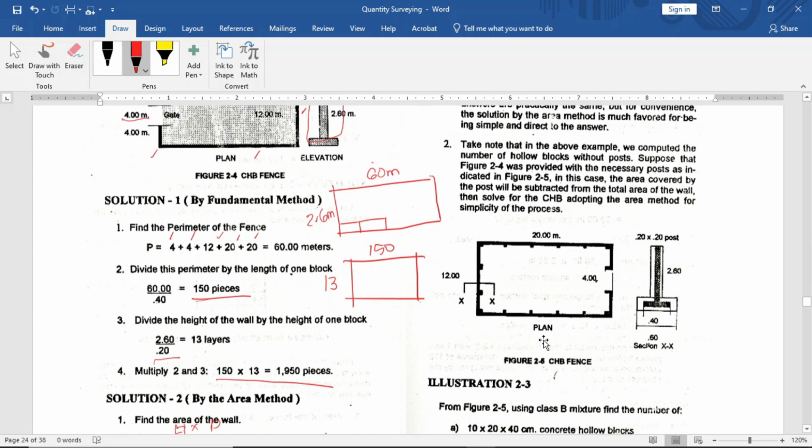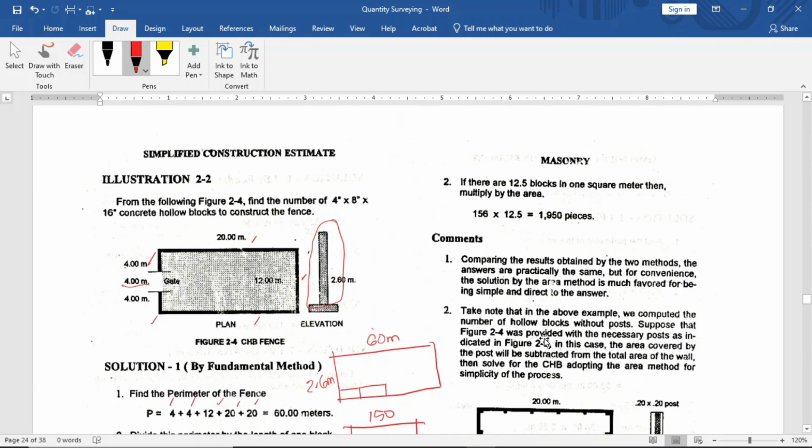So, pagkatapos natin makuha yung area, in every 1 square meter is equal to 12.5 pieces of CHB. So, simple lang, 156 times 12.5 is equal to 1,950 pieces of CHB.